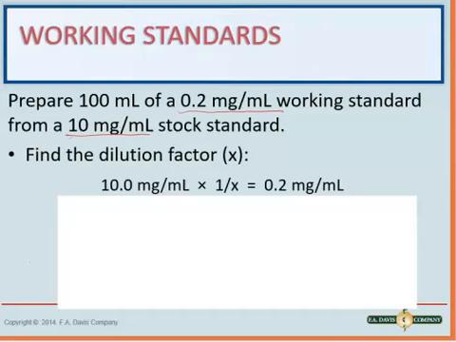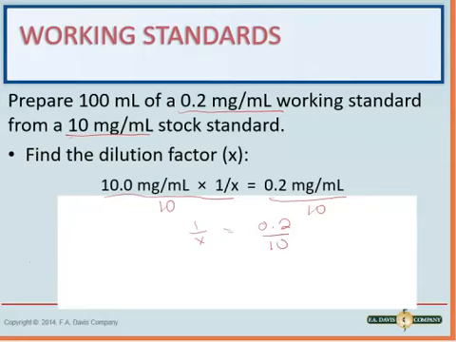So we're going to set up our problem like this. Our 10 milligrams per milliliter times 1x equals 0.2 milligrams per milliliter. So we're solving for x. We've got to have x by itself. So we need to divide this side by 10, this side by 10. So we're going to end up with 1, x equals 0.2 over 10.